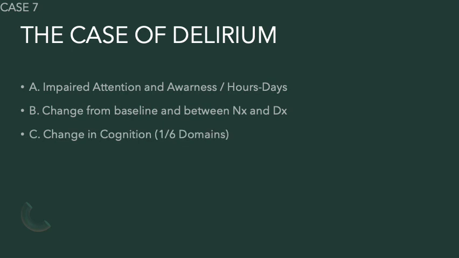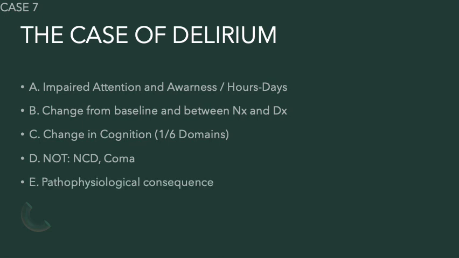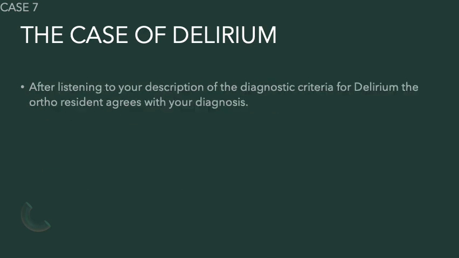The change in cognition must take the form of one of the 6 cognitive domains, and it cannot be due to another neurocognitive disorder or coma. It must be the pathophysiological consequence of something else. After listening to your description of the diagnostic criteria for delirium, the ortho resident agrees with your diagnosis.